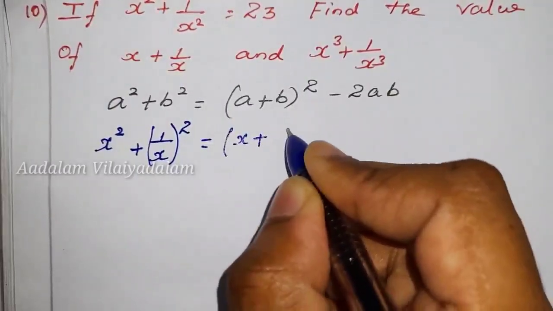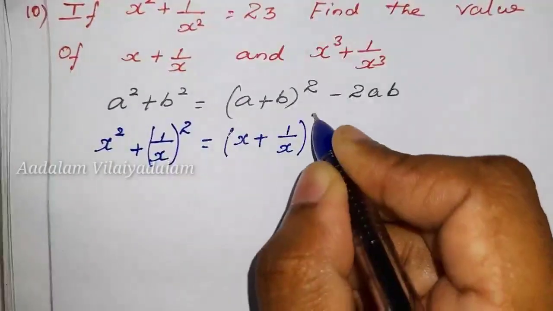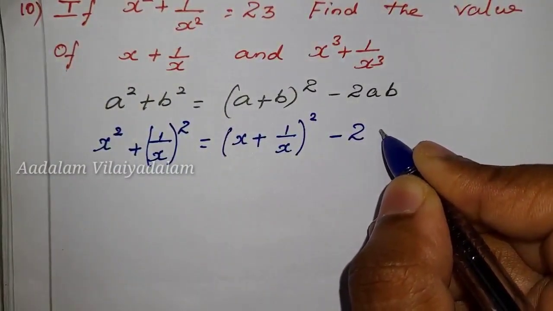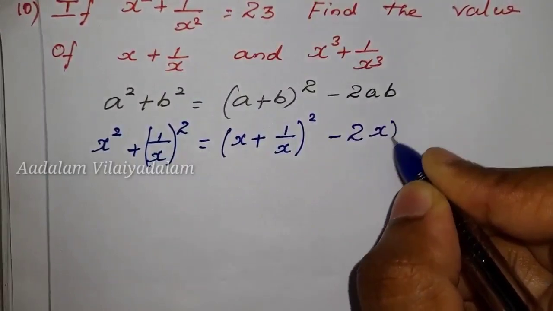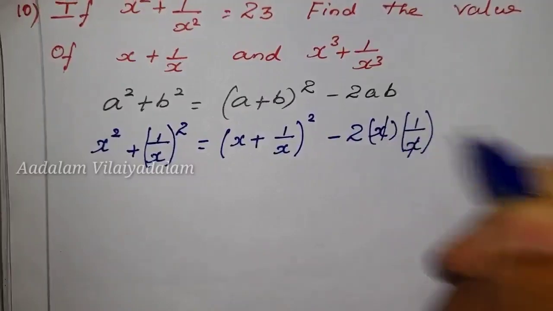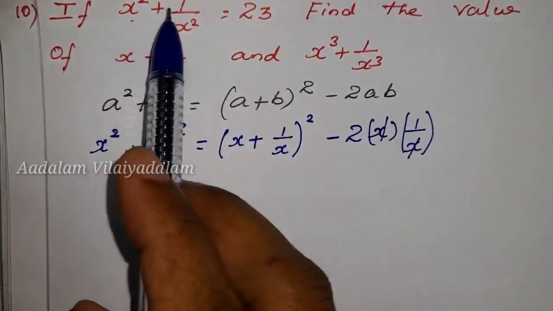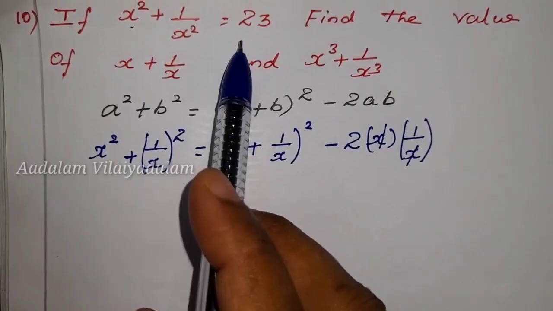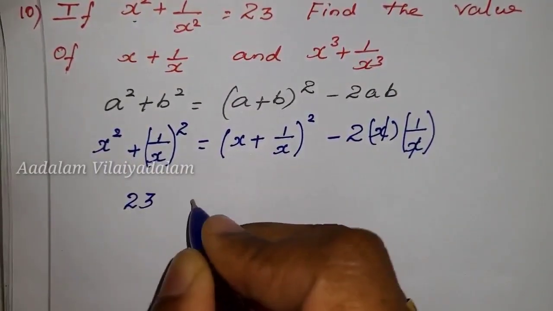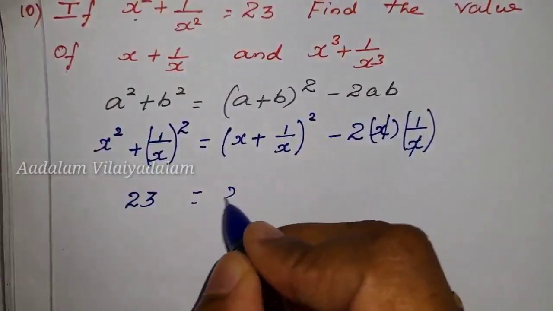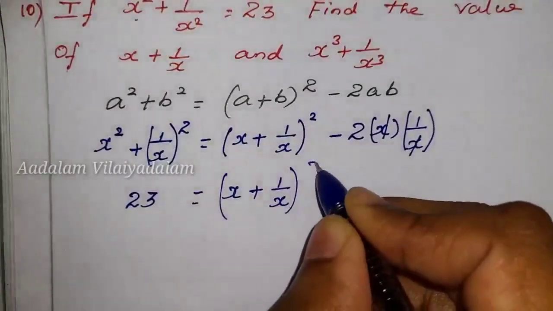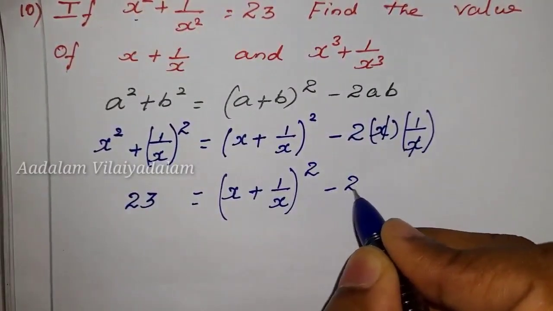So x plus 1 by x the whole square minus 2 into, here the a value is x, so b value is 1 by x. Now x cancel. So x square plus 1 by x square value is 23. So 23 equal to x plus 1 by x the whole square minus 2.